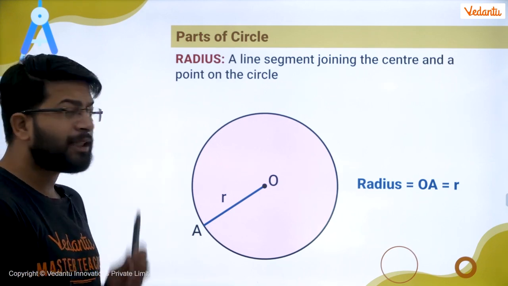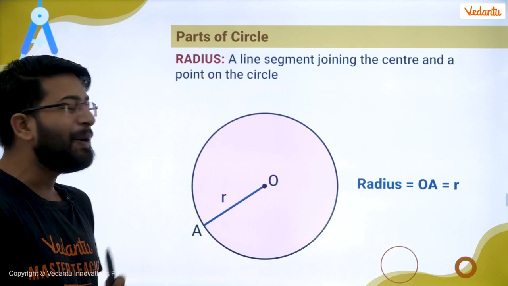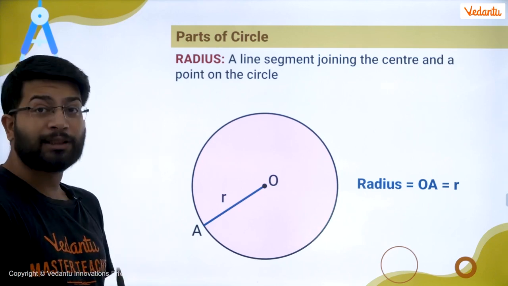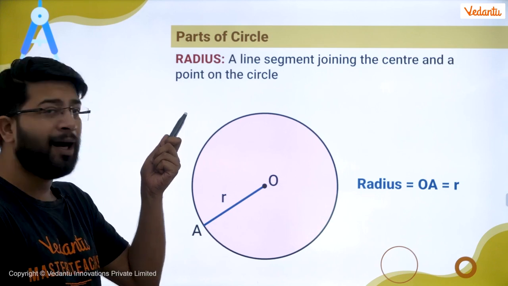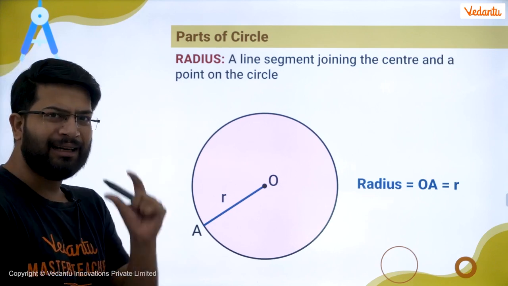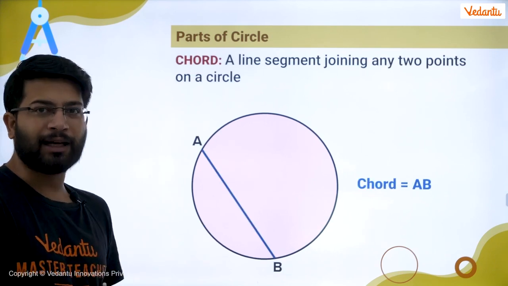That fixed distance is known as the radius of the circle, or we can say the line segment joining the center and a point on the circle is known as the radius of the circle.